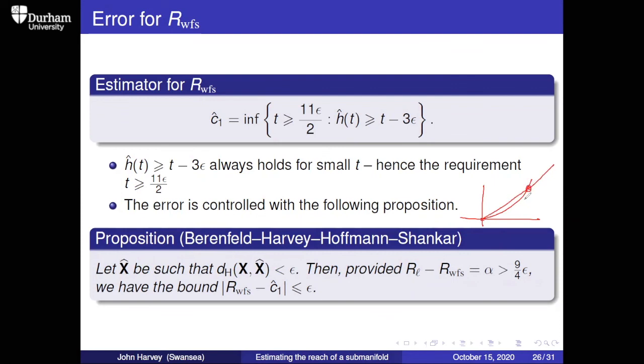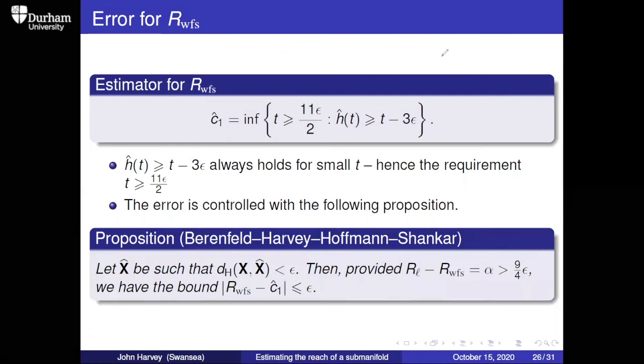If you were right up here, then because the quarter circle is almost vertical, you wouldn't be able to get much precision. So that's why you need this rule that the weak feature size has to be reasonably well separated from the local reach. So now you have a bound in terms of epsilon for the weak feature size. You have a bound in terms of epsilon to the power of 1/4, I think it was, for the local reach.